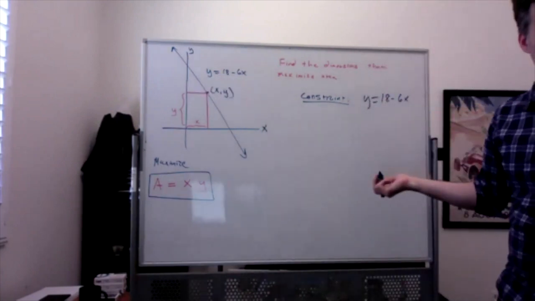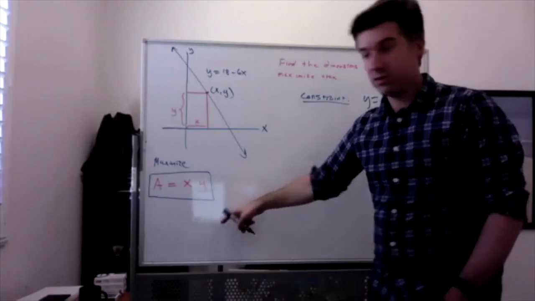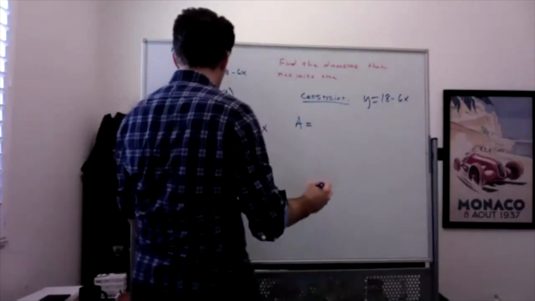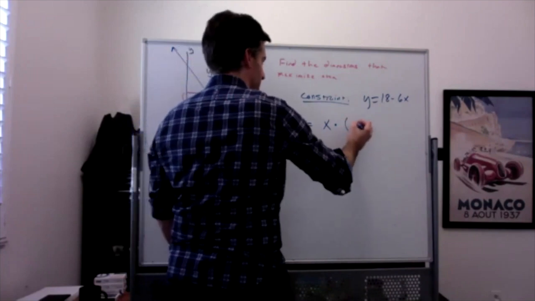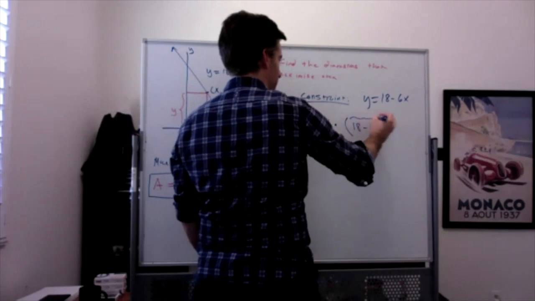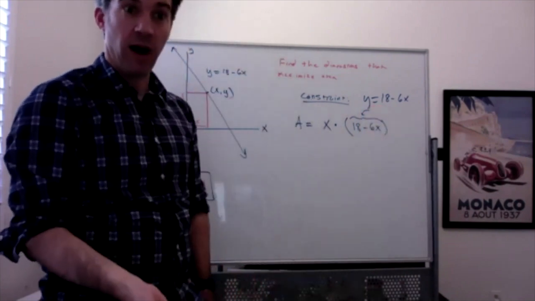So great. We can throw that back into the equation for area. So we can say that area now is equal to x times 18 minus 6x, right? Where we're plugging in 18 minus 6x for y.